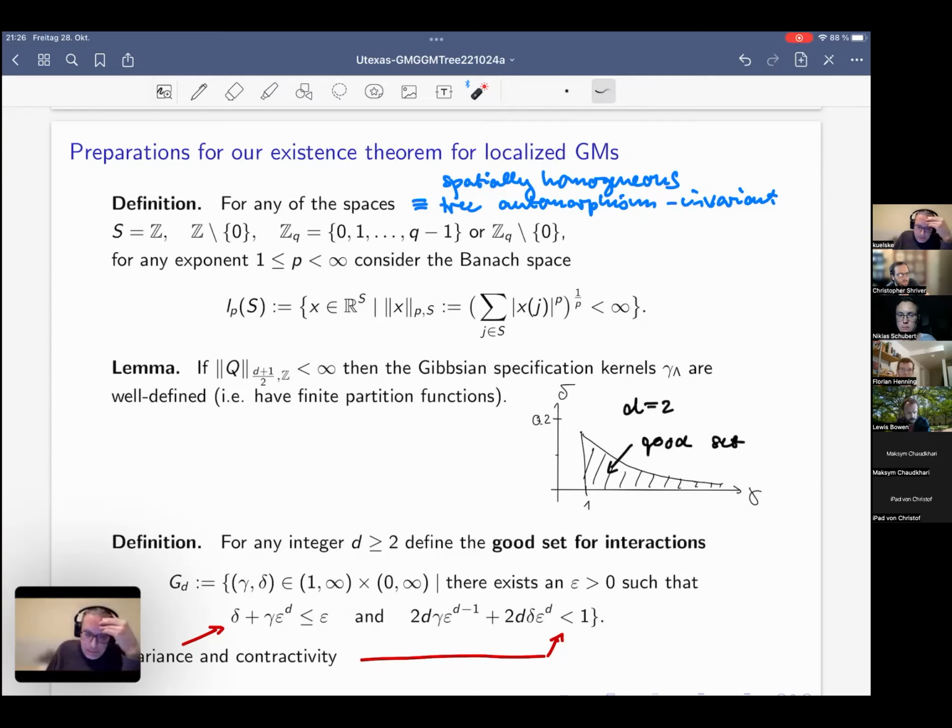So we put this on the transfer operator Q, which is something like the energy, and it describes the coupling. It's something like the exponential of minus energy. And so we want that the D plus one, recall D plus one is the number of nearest neighbors on the tree, half norm is finite.